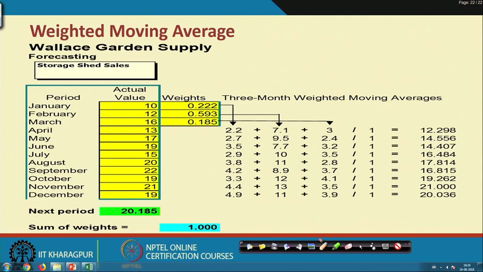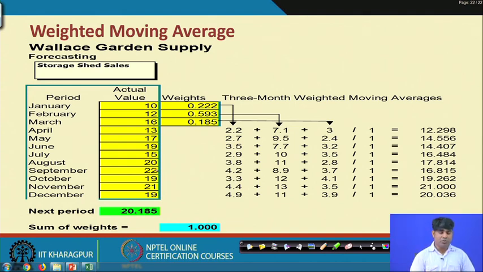Technically it is not a big deal again. So, the same 3 years moving average. Now instead of just adding 10, 12, 16, you have to multiply 10 by 0.22 and then 12 by 0.59 plus 16 by 0.19, then you get the average. Similarly, you follow every step, and then ultimately at the end of the day you have the predicted values, and here we have the actual value.